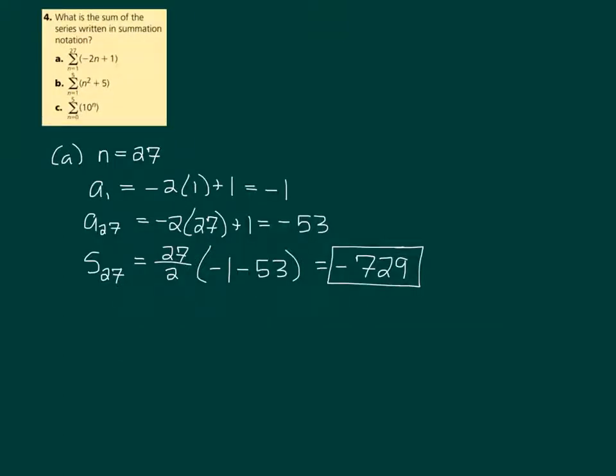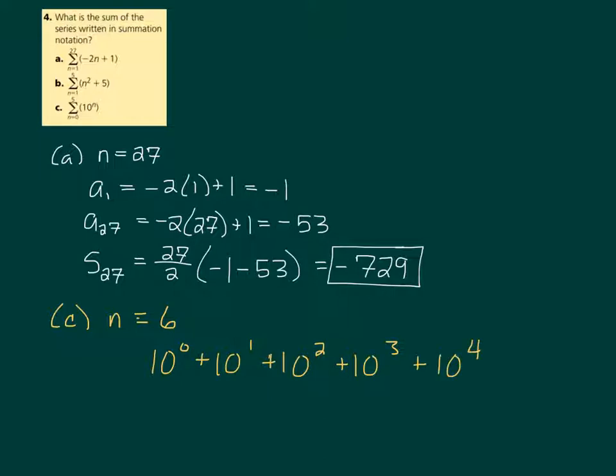So in part C, how many terms do we have? 6. 5 minus 0 plus 1. 6 terms. And so for this one, what we want is 10 to the 0 plus 10 to the first plus 10 squared plus 10 cubed plus 10 to the fourth plus 10 to the fifth.